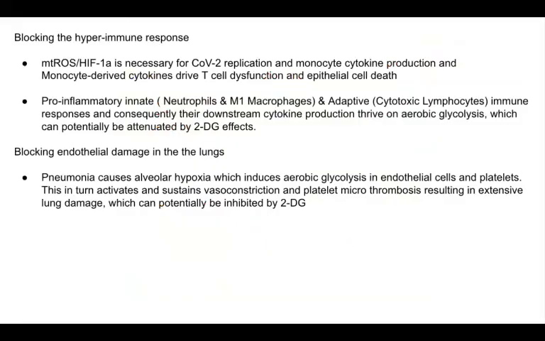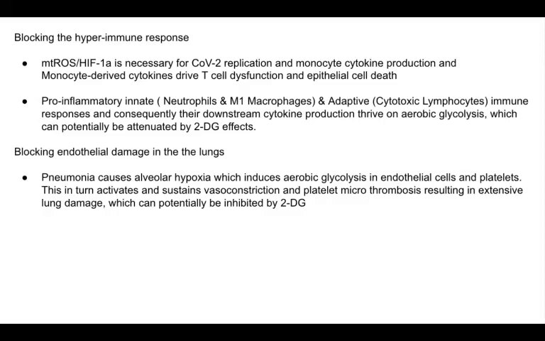Then, blocking the hyperimmune response. The MT-ROS and HIF1A is necessary for CoV2 replication and monocyte cytokine production, and monocyte-derived cytokines drive T cell dysfunction and epithelial cell death. So this is a mechanism that can be blocked by 2DG.